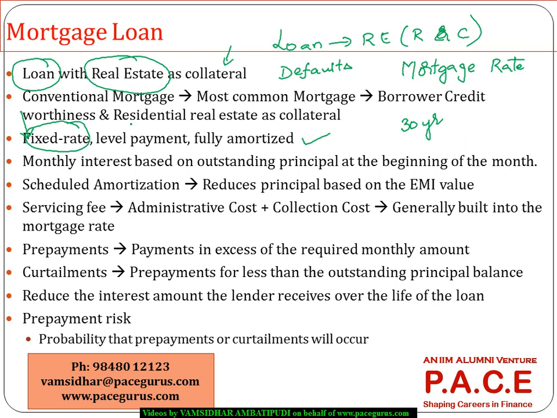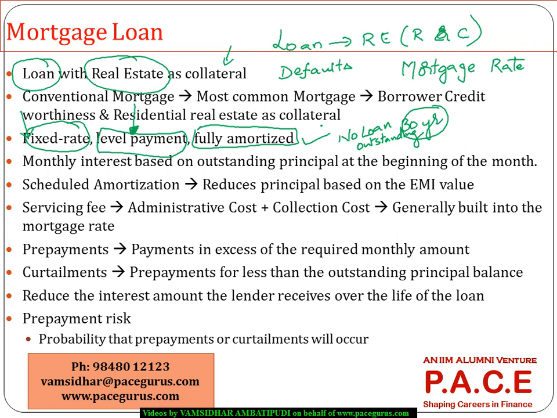Every month, the borrower is supposed to make an equal repayment as a part of the loan, and by the end of the 30th year, no loan is outstanding. That is what is called fully amortized. Whatever principal you have taken is spread fully over the 30-year period itself.